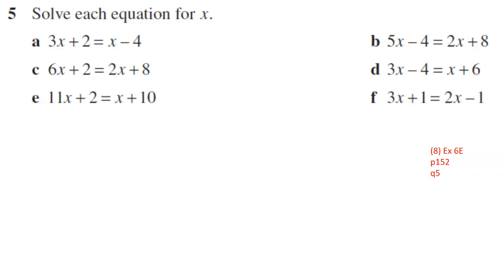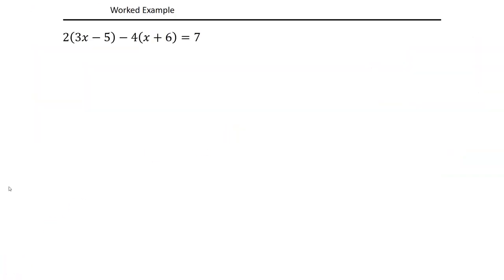Okay, pause the video now while you have a go at question 5 from your textbook. So in this example, you can see that we've got 2 brackets on one side of our equation. What we're going to have to do here is expand those brackets and then collect like terms and then solve.